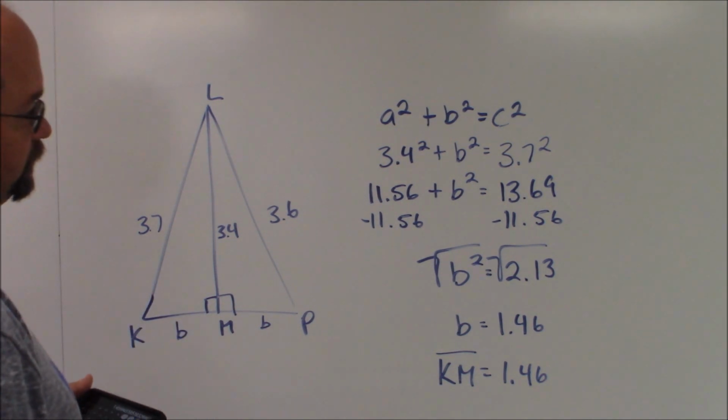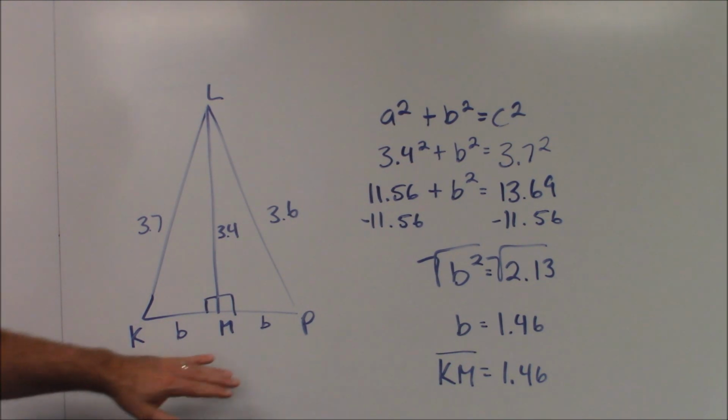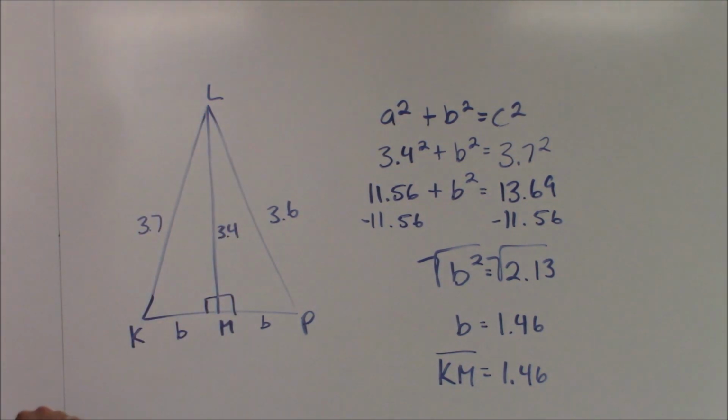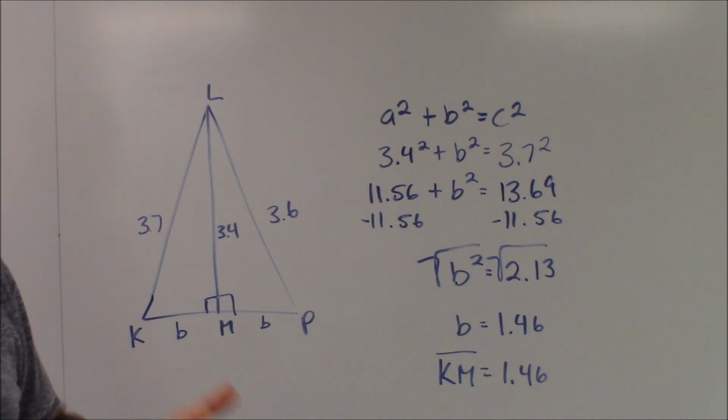All right. Well, now I have to do the exact same thing, except I've got to do it for this second triangle. Now, the good news is that some of my values are going to stay the same.